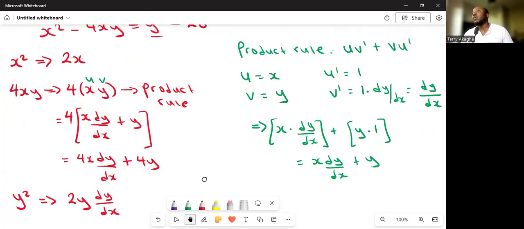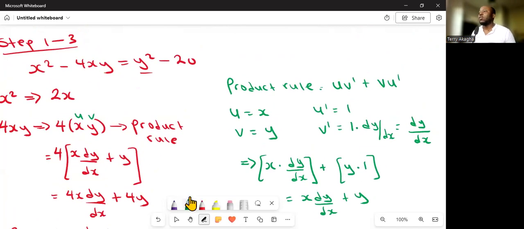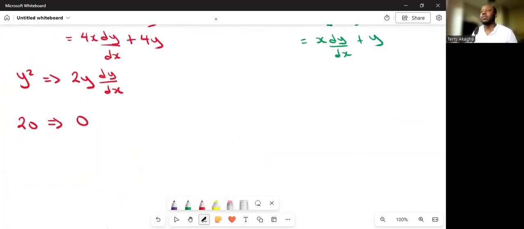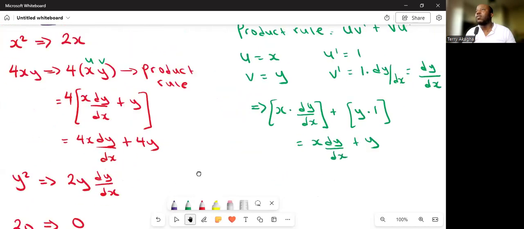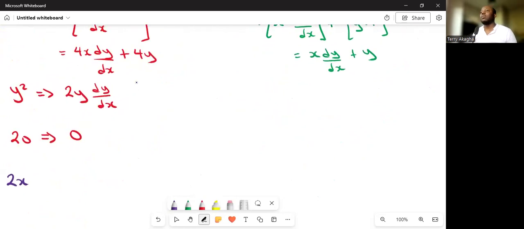All right. So what we're going to do now, we're going to replace all the initial terms with the derivatives. Is that okay? So the x squared, we're going to replace with 2x. Minus the next one, which is 4xy, so it's going to be minus all this: 4x dy over dx plus 4y.